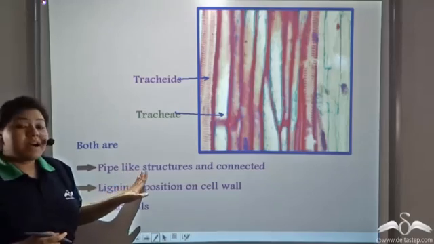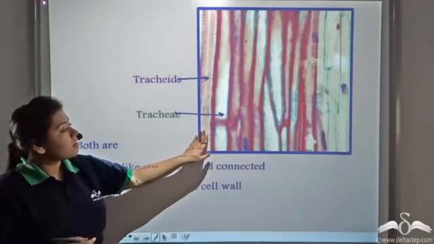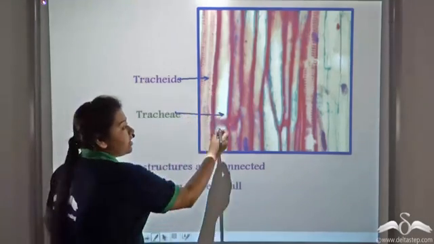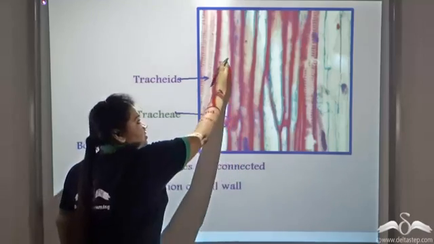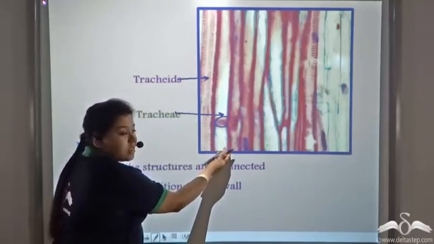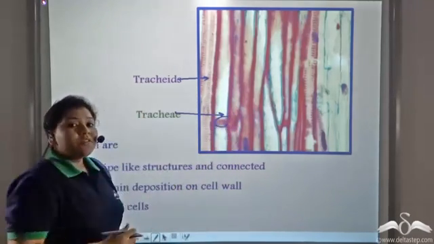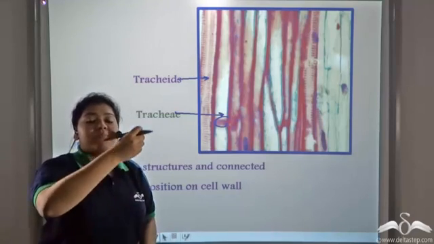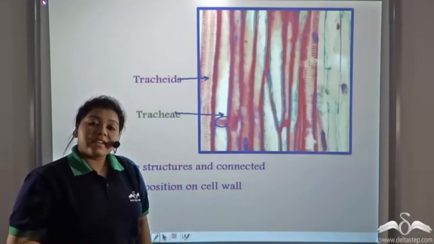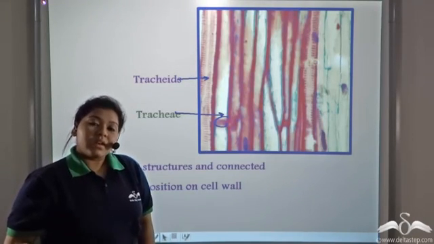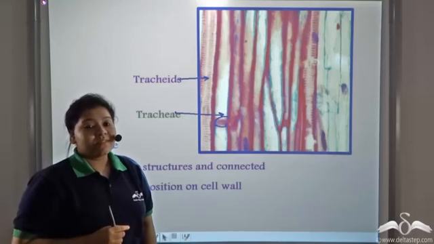Both of them are pipe-like structures and two cells are connected. See, this is one cell, this is another cell. They are connected, forming a continuous pipe-like structure that can conduct water from the root upwards to the leaf.